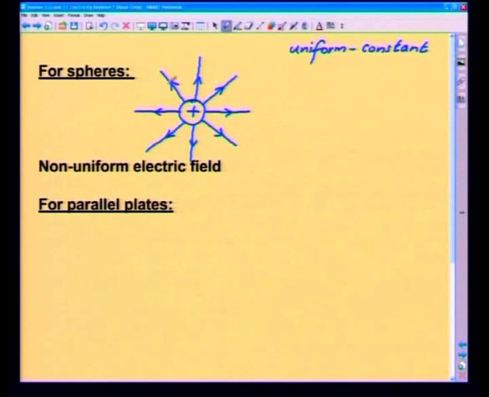Now, are we having a uniform electric field here? We said yesterday that the distance between the field lines can tell us the strength of the field at any point. Now, if you are at a point here, this point is closer to the charge, and the distance between the field lines is that. But if I have a point somewhere there, the distance between the field lines this time is that.